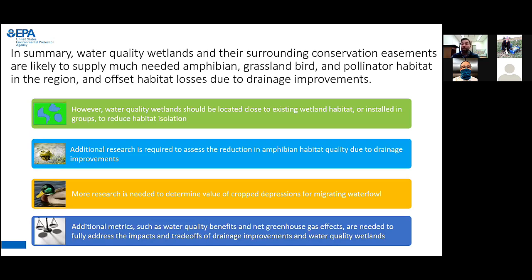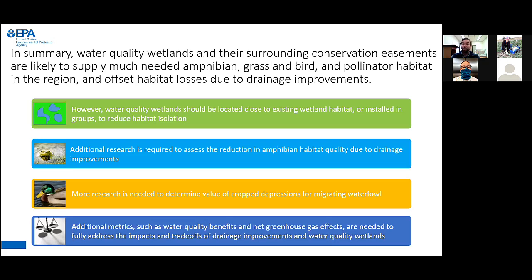Further, while waterfowl are likely to inhabit similar environments as amphibians, their needs and ability to move to alternative habitats necessitates an independent waterfowl model. And this is something we're working on with waterfowl experts currently with the goal of developing an InVEST waterfowl model. And the hope being that we can improve our understanding of the potential effects of drainage improvements and water quality wetland additions on these organisms.